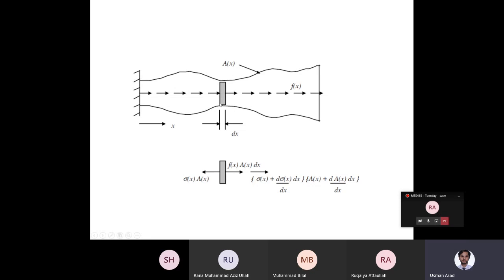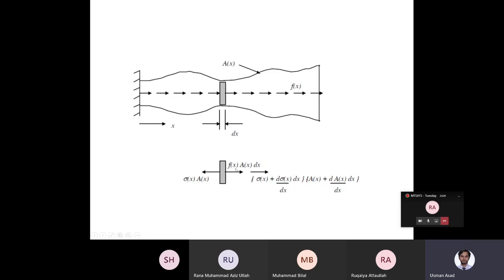So Ax cross sectional के area के अंदर, of course this is also a function of x because this could have some arbitrary profile. उसके अंदर looking at this small segment, dx is thin slice of this bar, and doing a force analysis, equilibrium analysis on it leads us to say कि अच्छा इसके एक side पे stress into area है, दूसरी side पे stress, ये जिस तरह x की dimension के साथ बढ़ रहा है, वो वाला element add हो रहा है. ठीक है? और area भी x dimension के साथ जिस तरह बढ़ रहा है वो add हो रहा है, right. So this is once again stress into area, but now the stress is slightly different at the right side of my small thin slice. ठीक है?